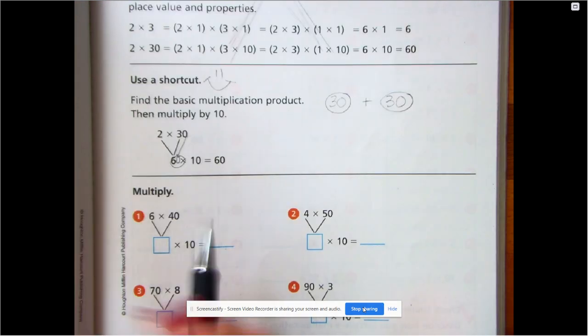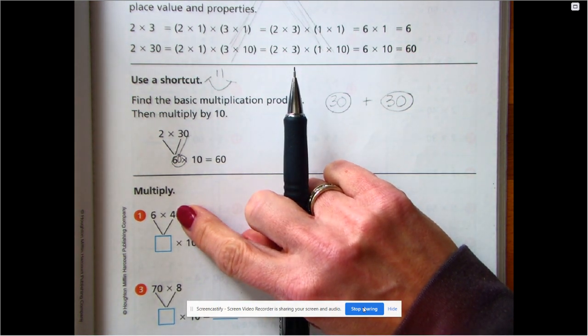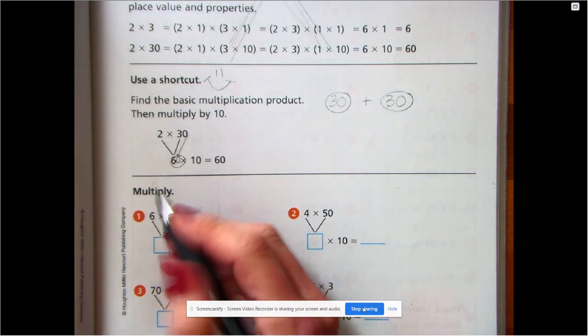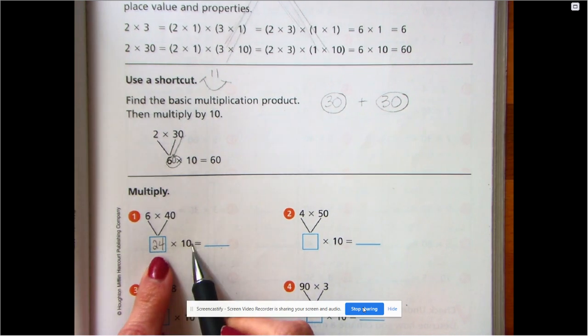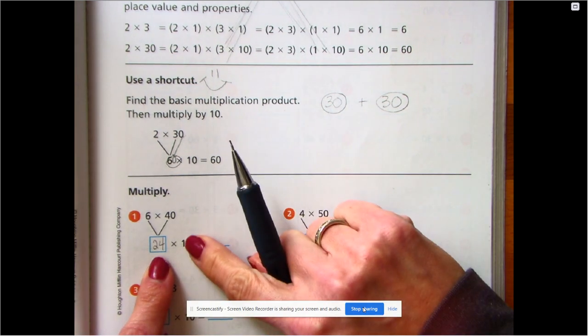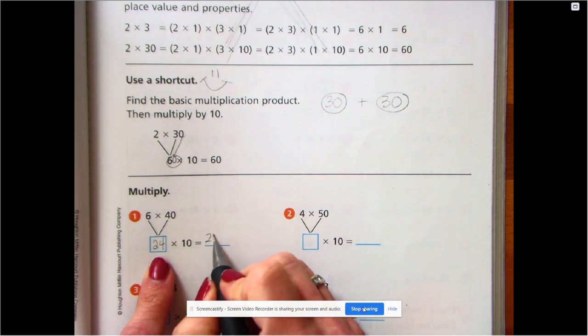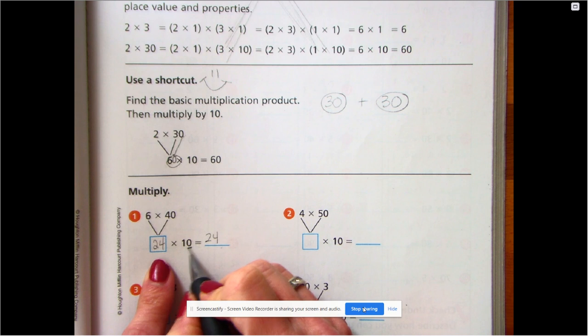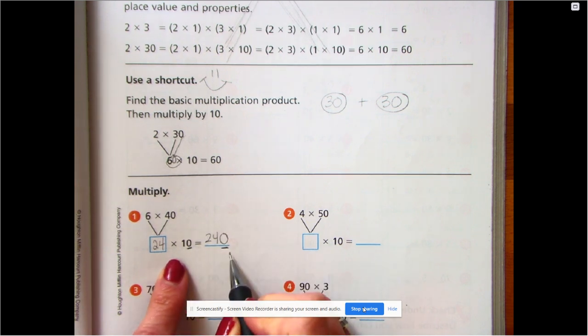Let's try these down here. Cover up that 0. What is 6 times 4? Oh, it's 24. Okay, so then we only have to do 24 times 10. 24 times 1 is just 24. I want you to underline that 0 because you're going to tack on a 0 at the end.